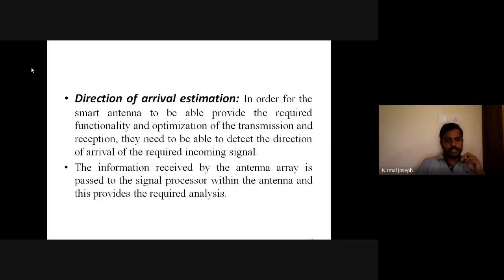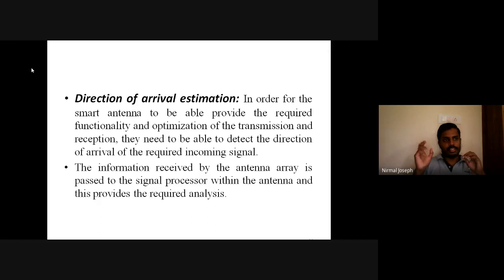First is the direction of arrival estimation. In order for the smart antenna to provide the required functionality and optimization of transmission and reception, it needs to be able to detect the direction of arrival of the required incoming signal. Suppose I have a smart antenna here, and it is getting a signal from a particular direction. It is not previously known from which direction the signal is coming.